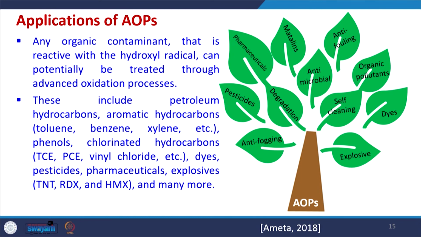The types of wastewater which can be treated using AOPs include petroleum hydrocarbons, aromatic hydrocarbons like toluene, benzene, xylene, etc. Then phenols, chlorinated hydrocarbons like PCE, TCE, vinyl chloride, etc. Similarly, they can be used for removing dyes, pesticides, pharmaceuticals, explosives, high energetic materials, etc. So, they can be used for treatment of various types of wastewater containing various organic compounds, with pH varying over different ranges.